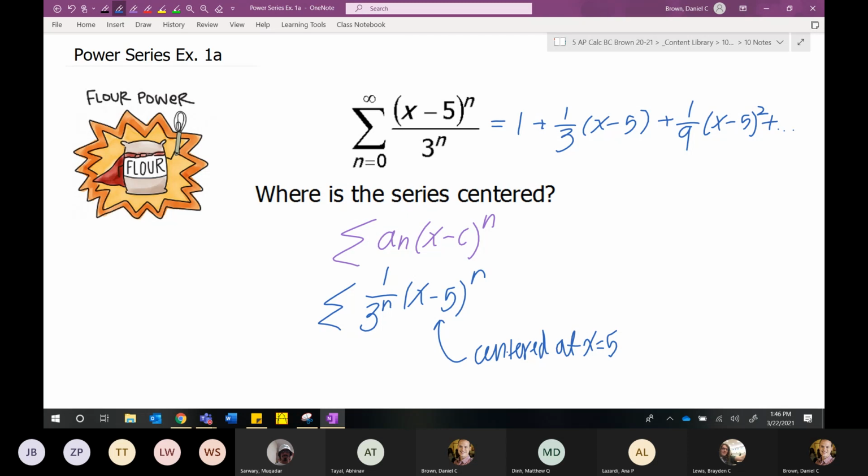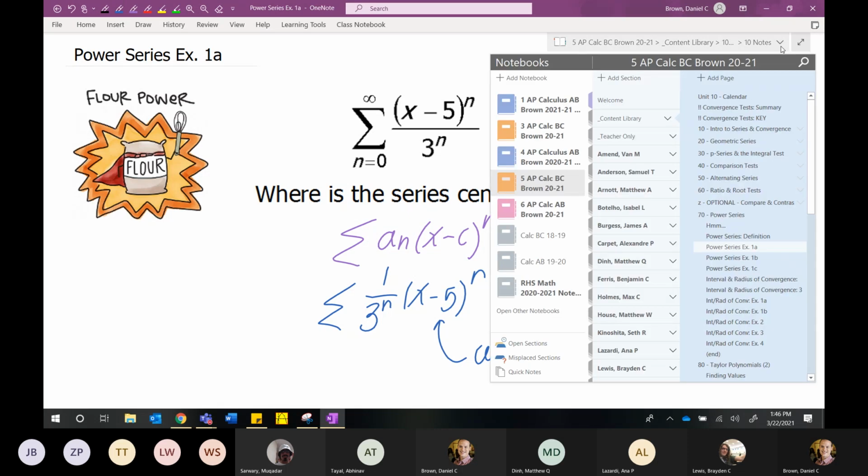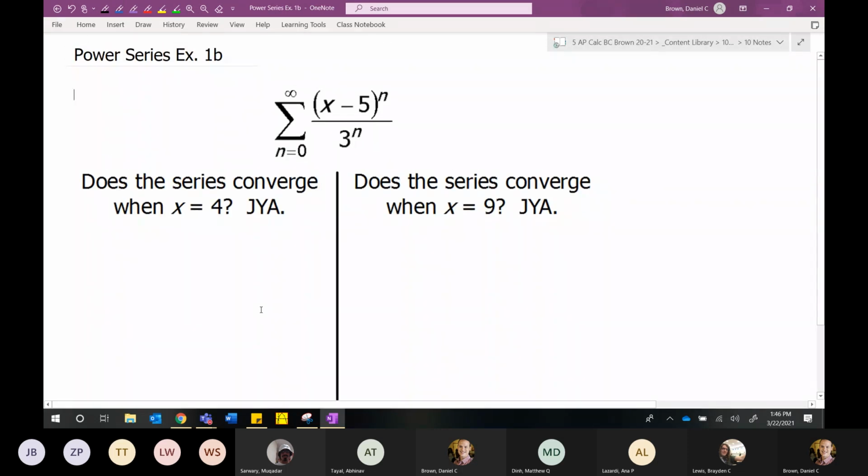That's the first type of question we sometimes see. The second type of question we sometimes see is, hey, does this series converge or diverge at specific values of x? Which is going to turn into just like a problem we did on the quiz. Basically, the short version of it is plug in the x value, simplify it, and then justify it using any of the tests that you have ever seen.